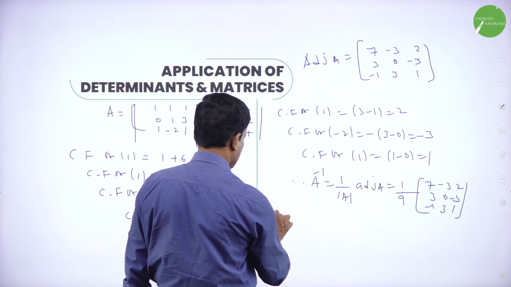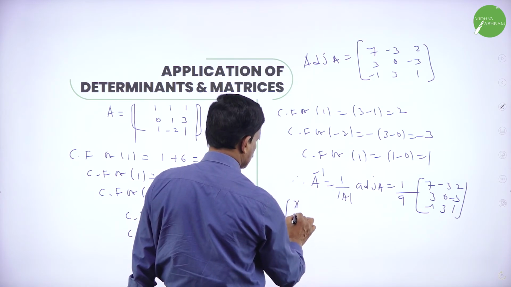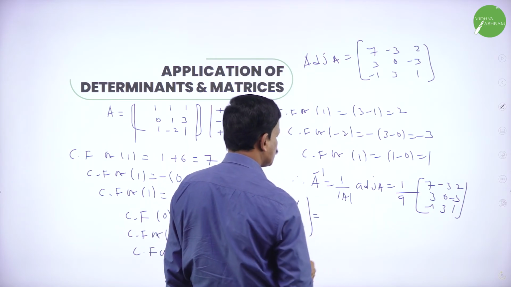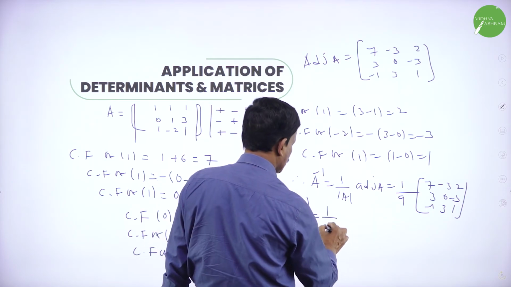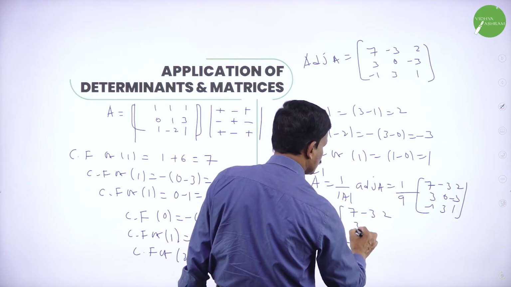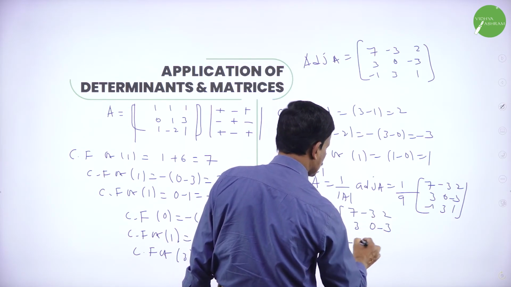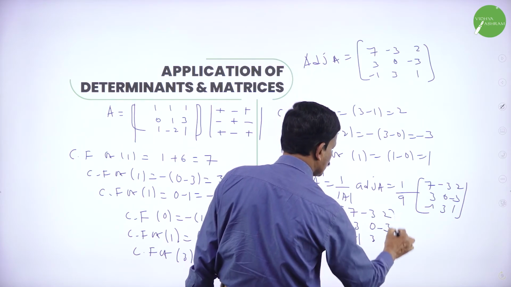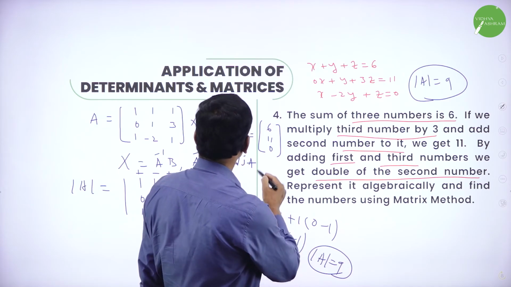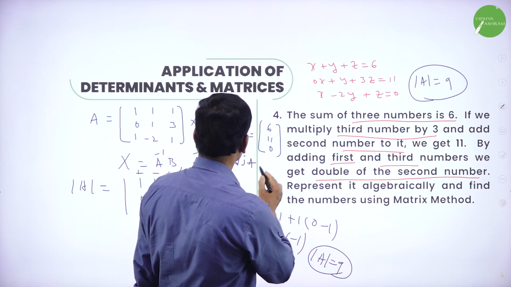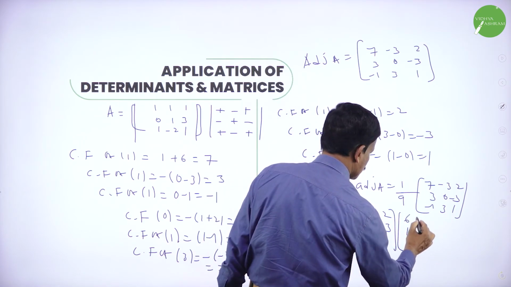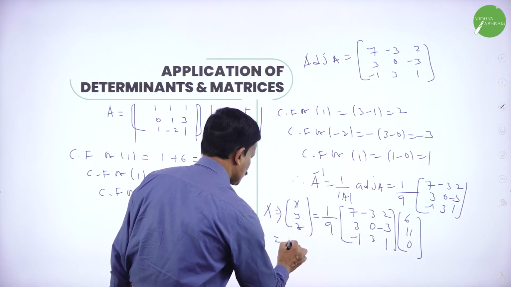Now, therefore, x, y, z is equal to A inverse into B. A inverse is 1 over 9 into that matrix into B. What is B? B is nothing but 6, 11, 0. Simplify this.